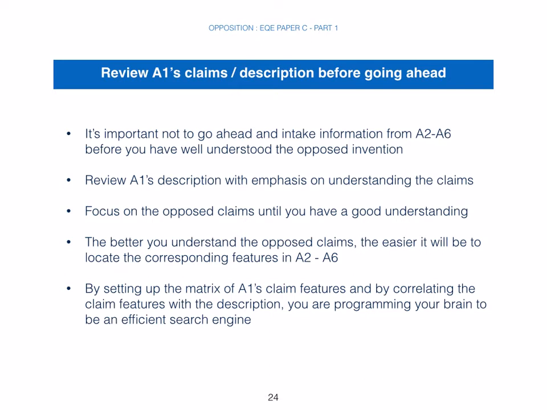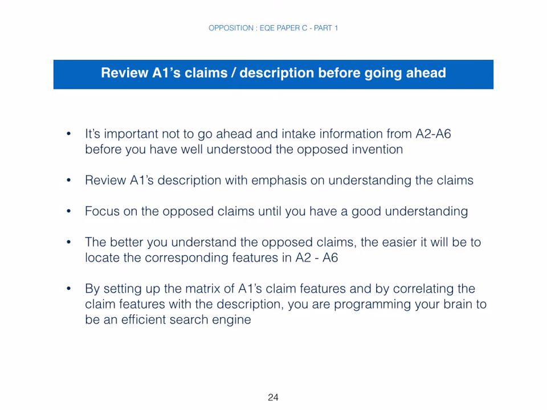Therefore, you must absolutely understand the opposed invention before you go ahead. Therefore, you have to review A1's description with emphasis on understanding the claims, and you have to focus on the opposed claims until you have a really good understanding of the claims. The better you understand the claims, the easier it's going to be to locate the corresponding features in the documents A2 to A6.